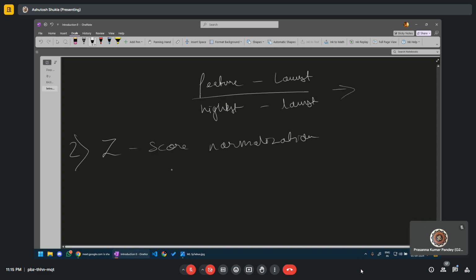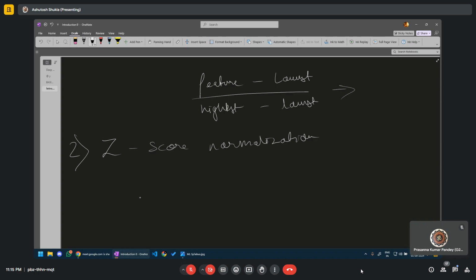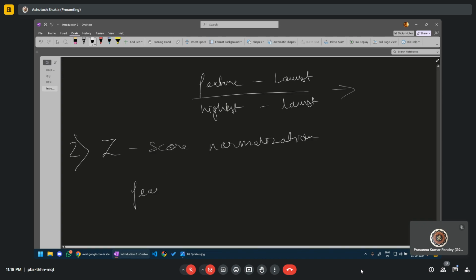Okay, z-score normalization is more of a statistical method. Say you have a feature, let's take an example of 15. You have a mean of your data, say 10, and then the standard deviation of your data, which say is 2. So you take your feature 15 minus 10.